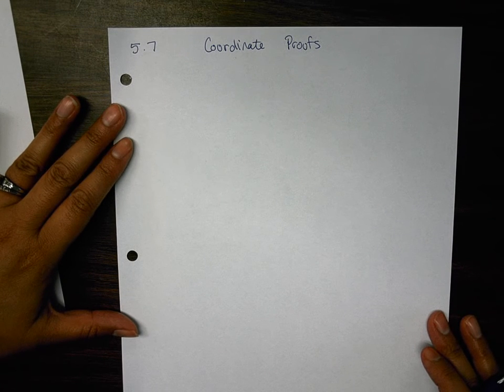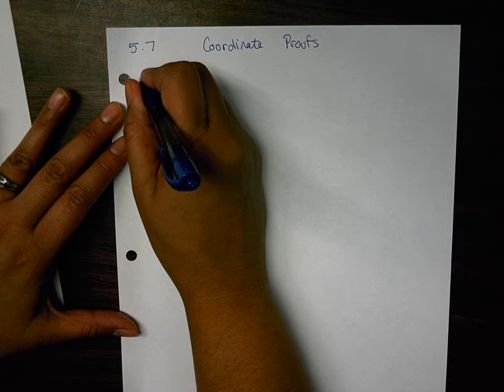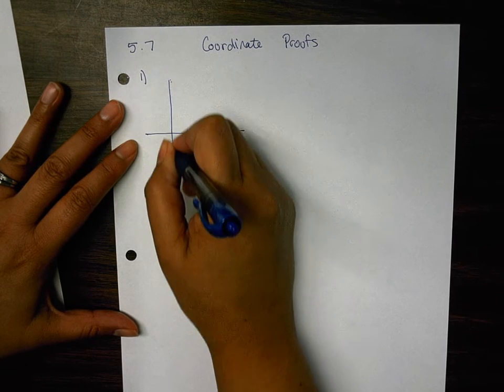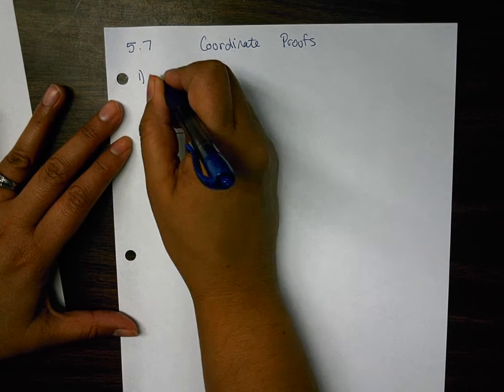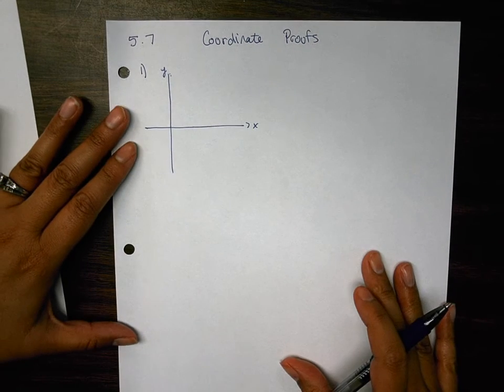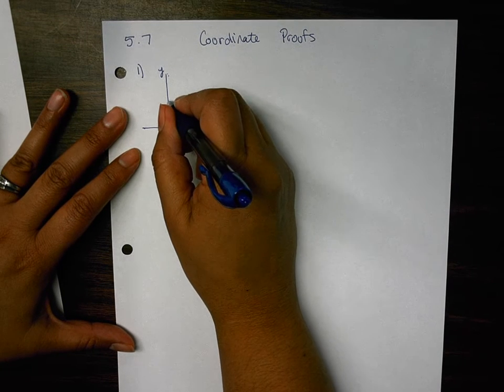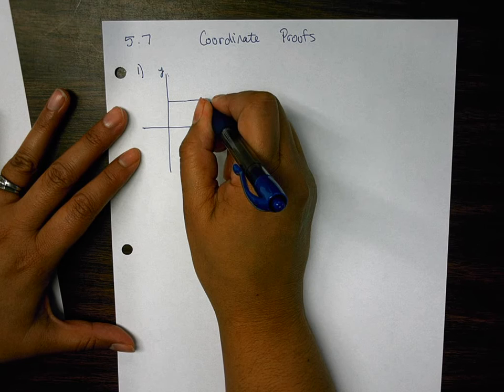Okay, this is lesson 5.7, coordinate proofs. Number 1, I'm going to draw a coordinate plane, the x-axis and the y-axis. And I'm going to draw a rectangle in quadrant 1.